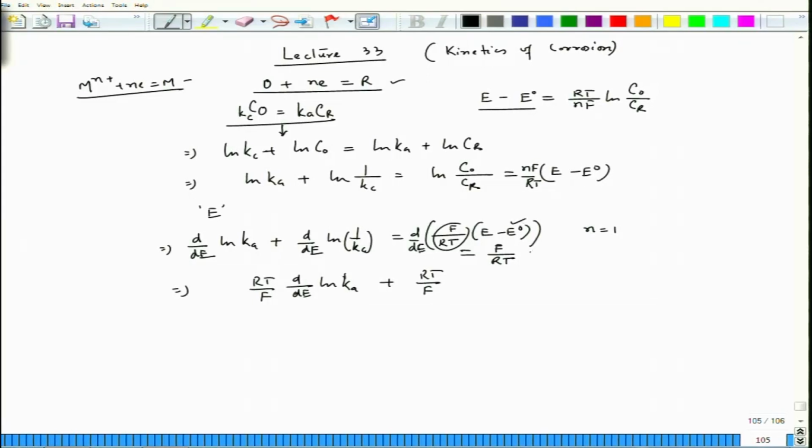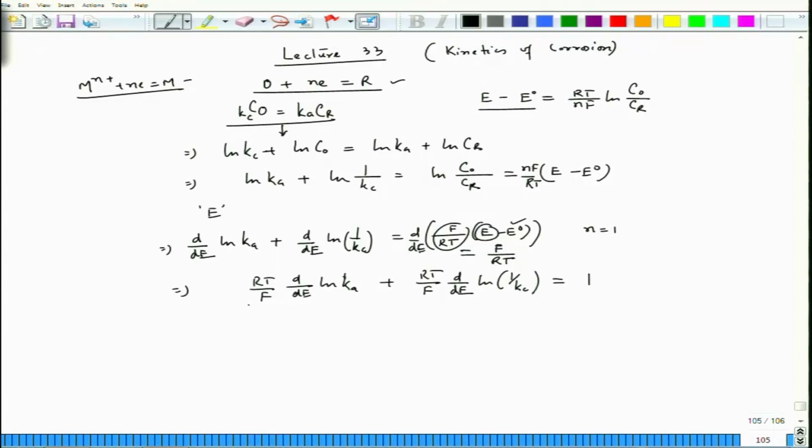So dE by dE is equal to 1, and this goes to 1. So then this would be equal to 1.